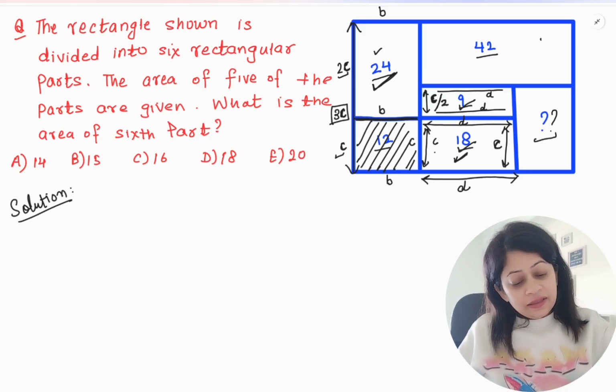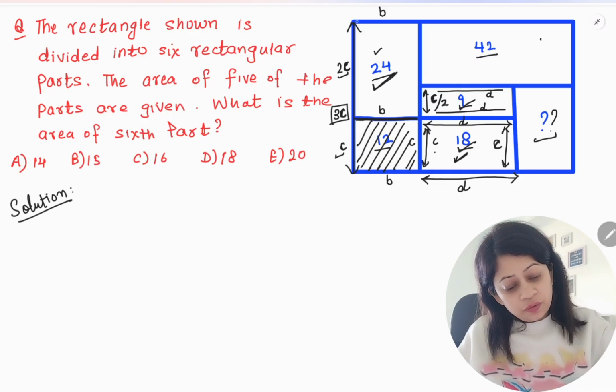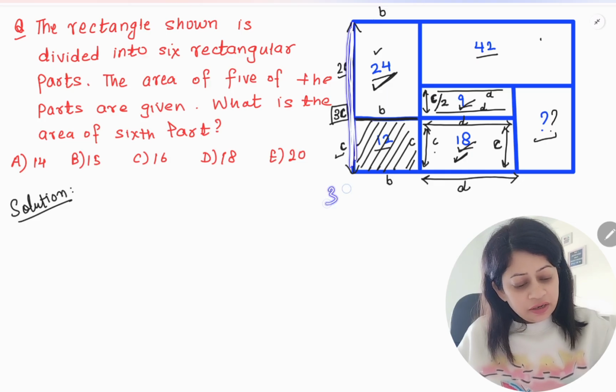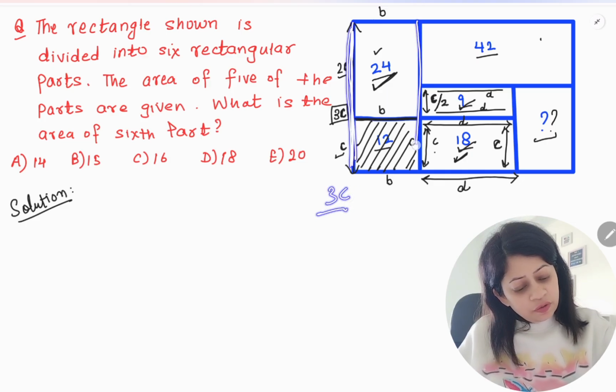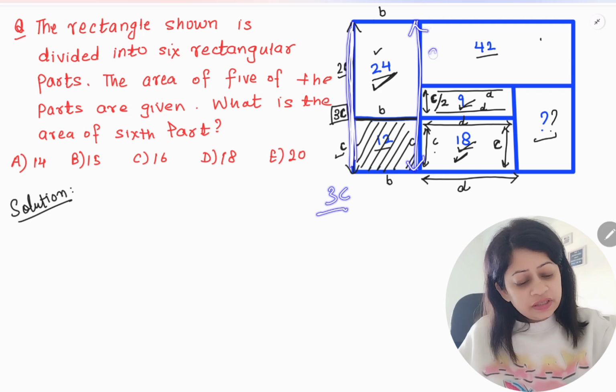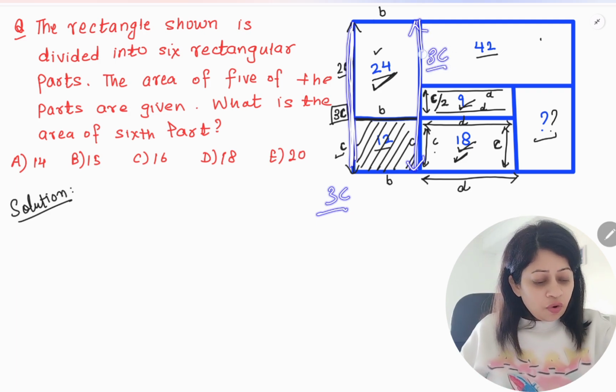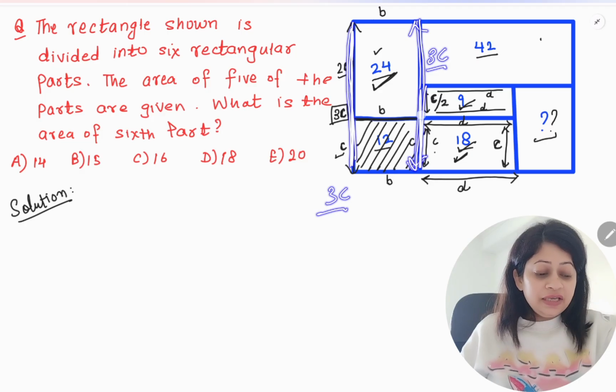Let us see. This whole side we know, so I will just highlight it. This whole side, if you see here, this is 3C, right? So that means this side will also be equal to 3C. And out of this whole 3C, we have this C plus C by 2, that is 3C by 2, that is half.